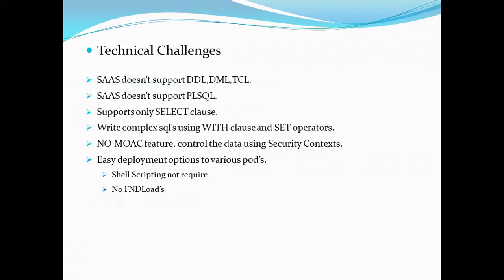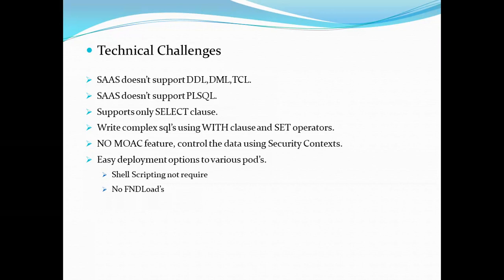For example, you develop a BIP report in your E-Business Suite application. How do we deploy it? Either manually, or we take the help of third-party tools, or we write a shell script. By using the shell script, you deploy various components to various folders on the server, right?